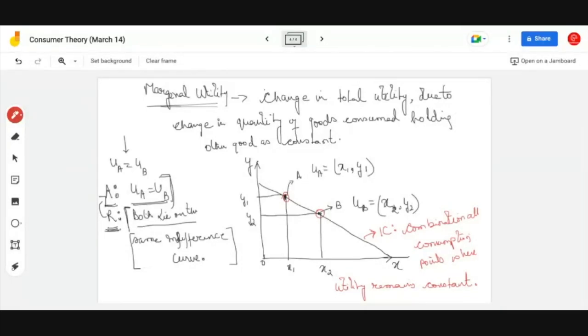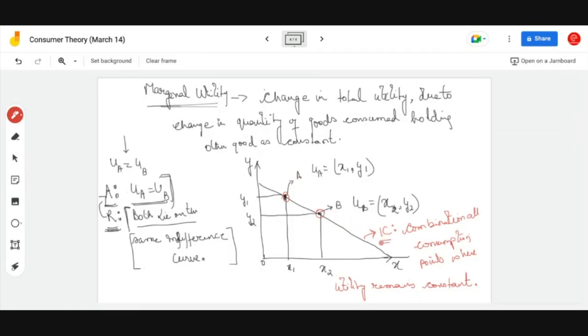Budget line has something to do with the prices. Budget line is your constraint, how much you can afford. Indifference curve is regarding your satisfaction. Budget line is regarding your affordability. So these are two different things.